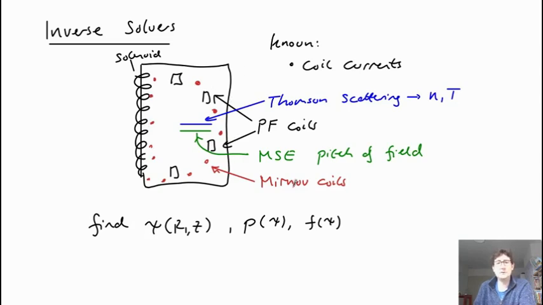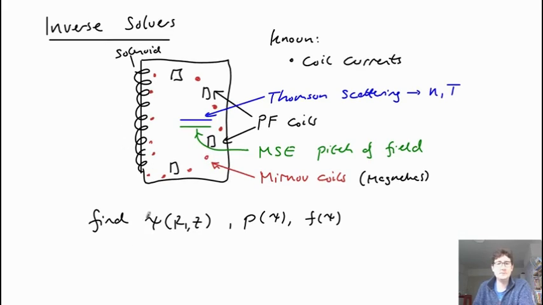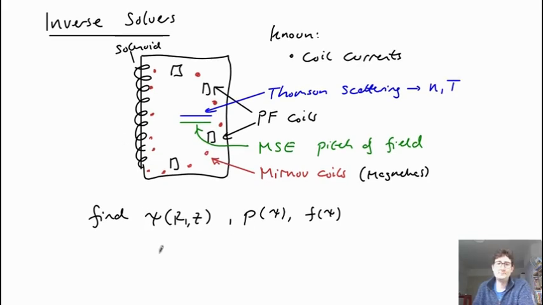So this is the Mirnov coils, this is the magnetics. And there's a diamagnetic loop, basically a loop around the entire plasma, which measures the plasma current. So we can measure the currents and the magnetic fields, and this gives us a way of finding fits.